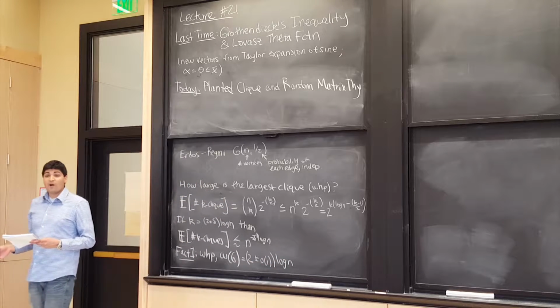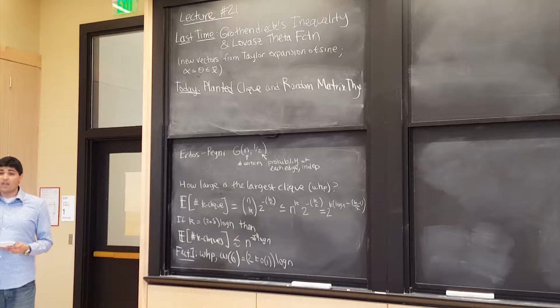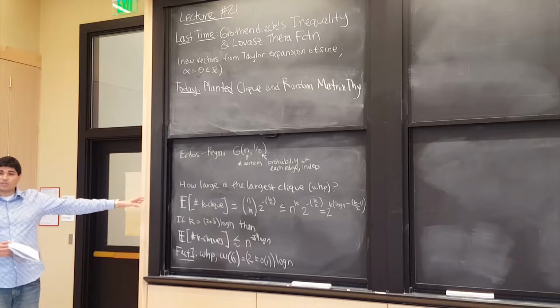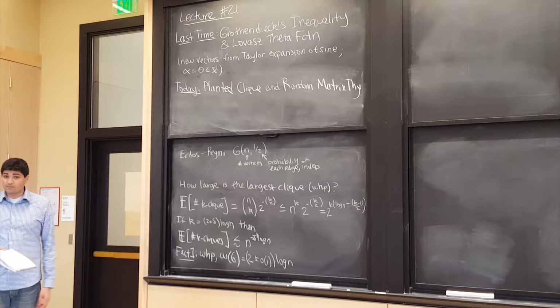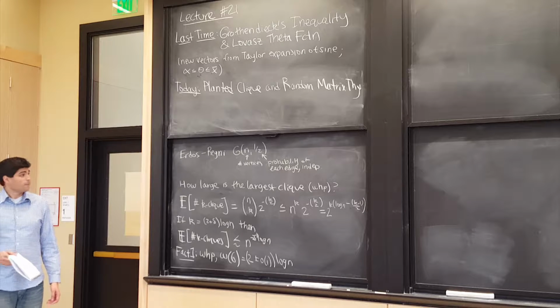So the fact that this bound tells us it's very unlikely to have a clique that's a little bit larger is not a deficiency of the method of counting the expected number of cliques. That actually is the classic threshold for how large the largest clique would be.